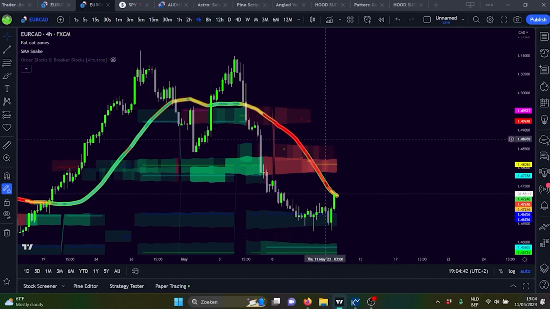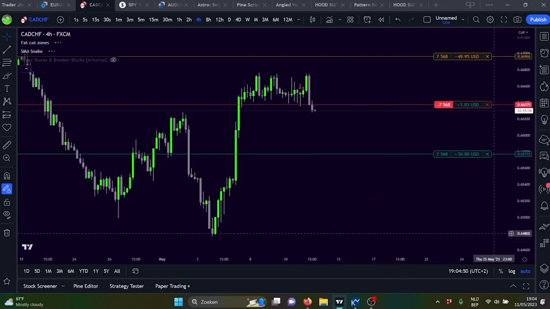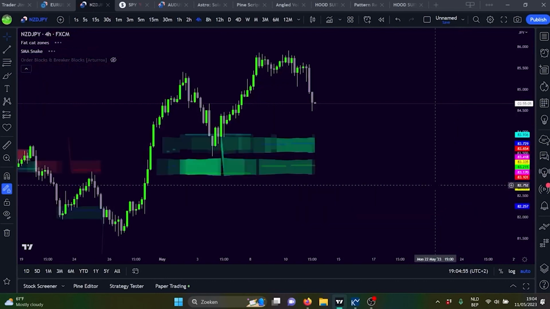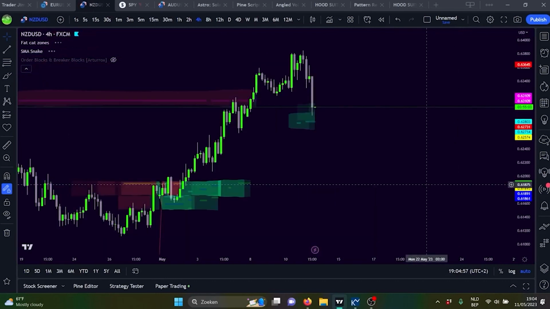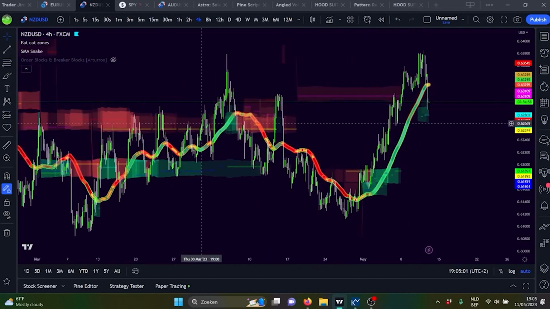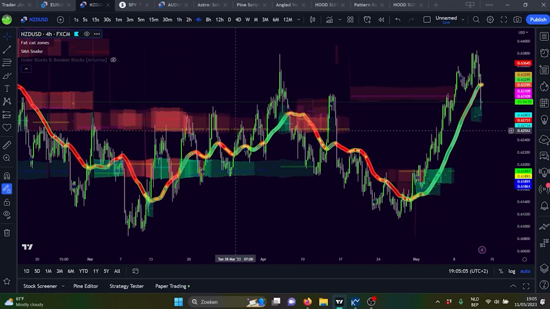Here we are looking for a bearish reversal, well, pullback and continuation, I mean. Interesting. Look a bit back, a lot of consolidation here.